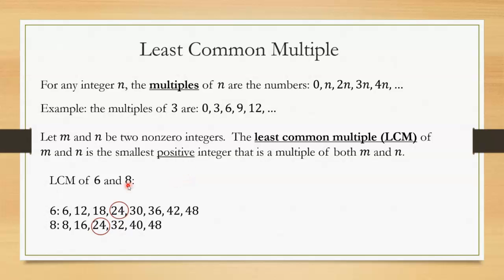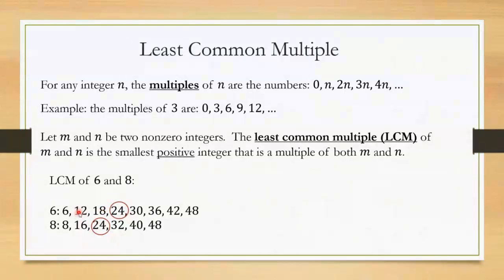The best way to handle it in this class is to list the multiples. For 6 and 8, you would list a bunch of multiples of 6, list multiples of 8, and keep doing this until you get something in both lists. That would be the LCM, the smallest common element in both lists.